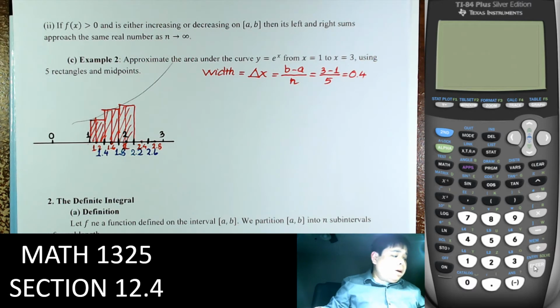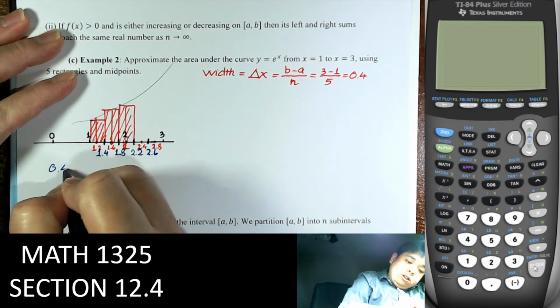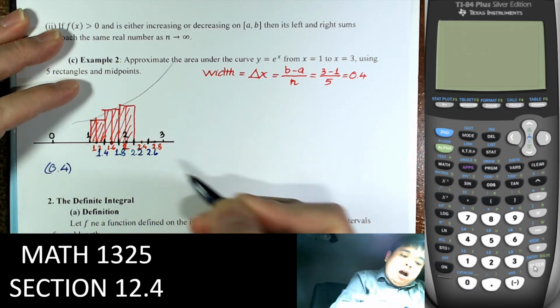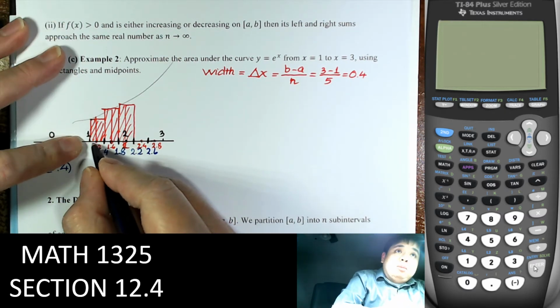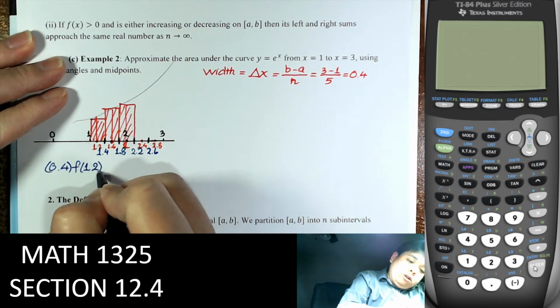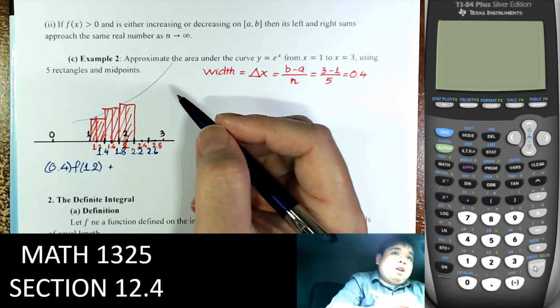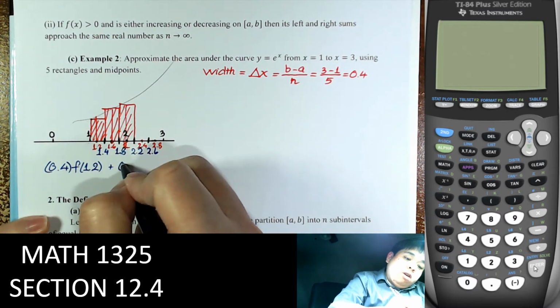So the estimate of the area will be the width of 0.4 times the first height, the midpoint from 1 to 1.4, which is 1.2. As you see, we don't even need to know what the function looks like, we just need to make sure that the function is positive, because we are finding area here.